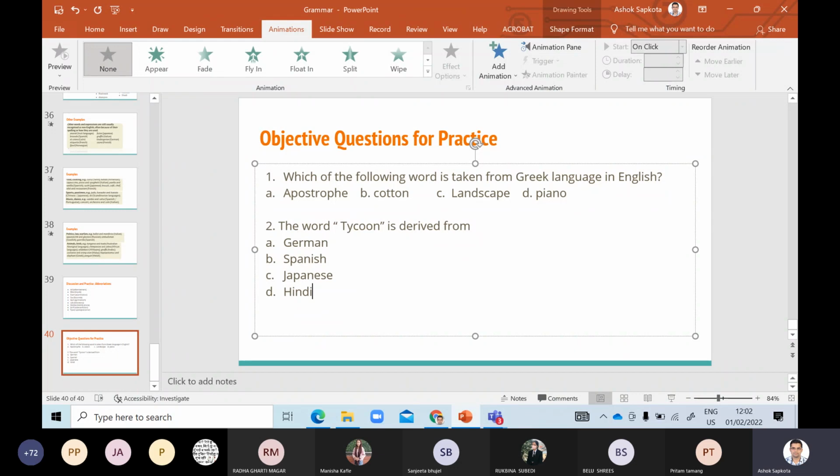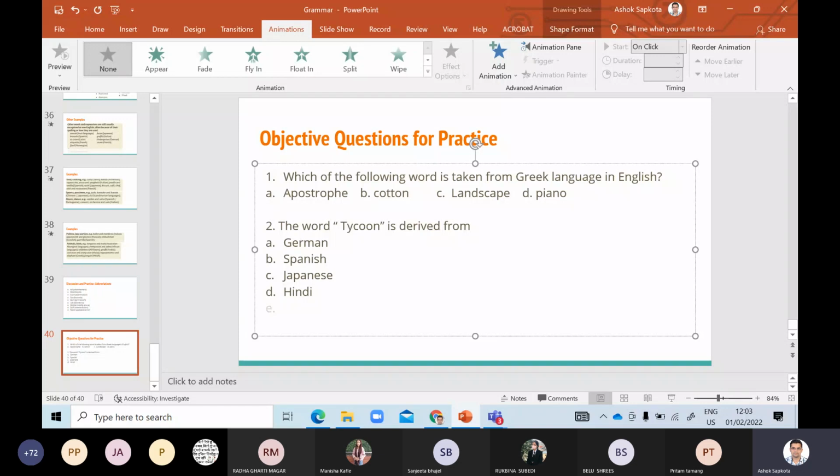Think carefully. How do you know? Try it. Yes. We call tycoon. It's a Japanese word.